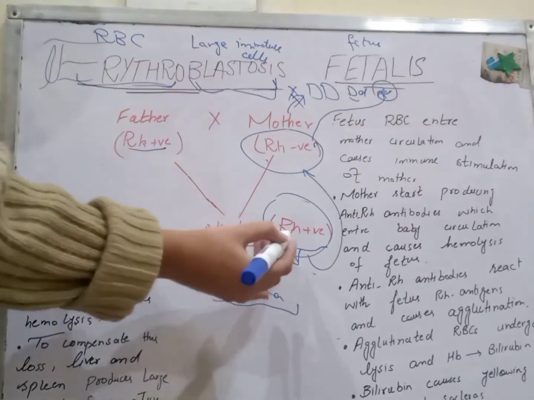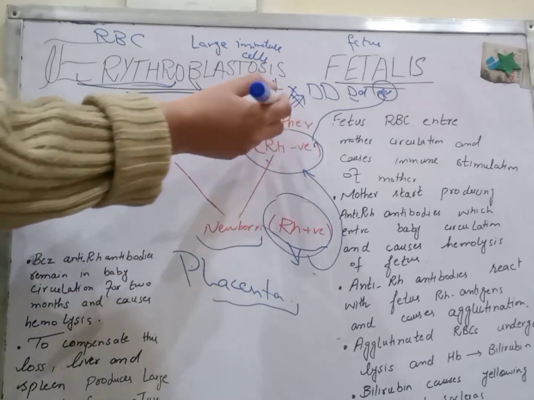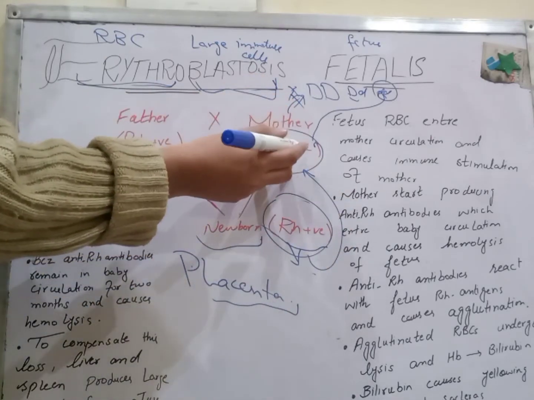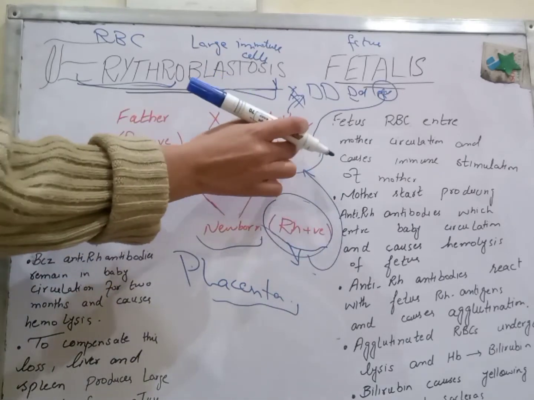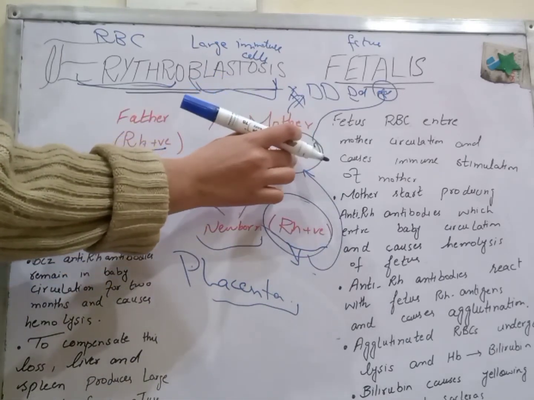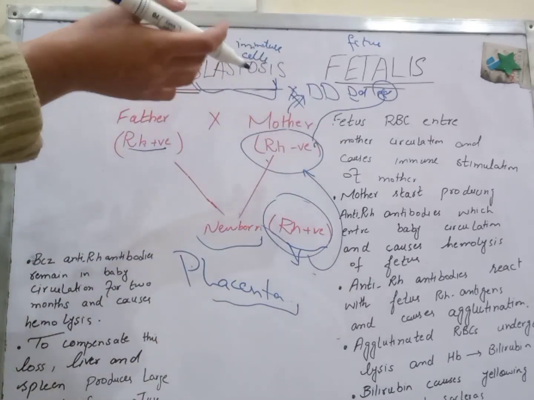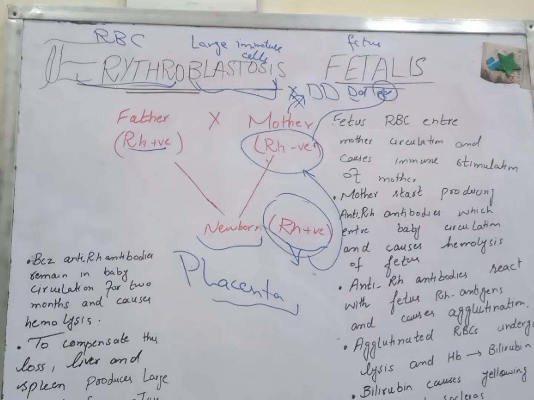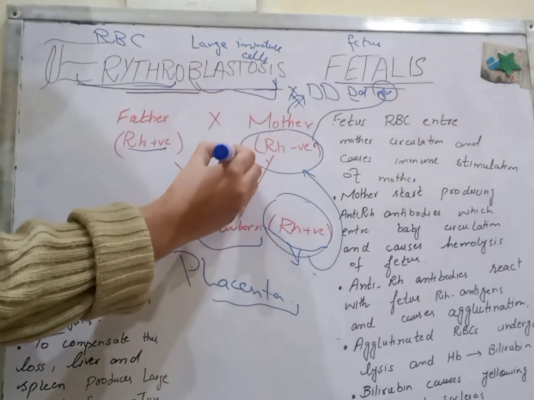Why? Because the mother's blood does not contain any such antigen. But when this blood enters the maternal circulation, the Rh antigen will stimulate the mother's immune response, and the mother will start producing Rh antibodies.